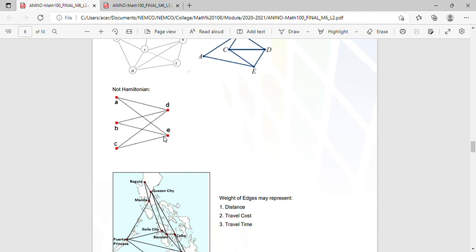Or if you start at E: A, E, A, D, B, and then dili na ka mo-connect sa C. Wala na may line. So that means this is not a Hamiltonian because it is impossible to travel every vertex and go back to the starting point. That should be your reason.